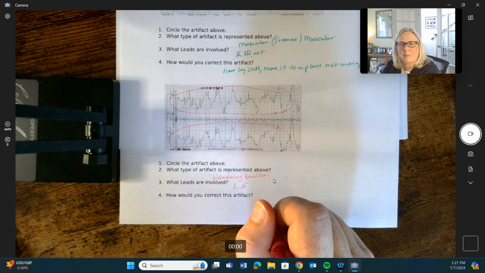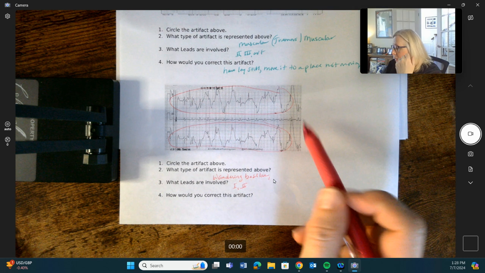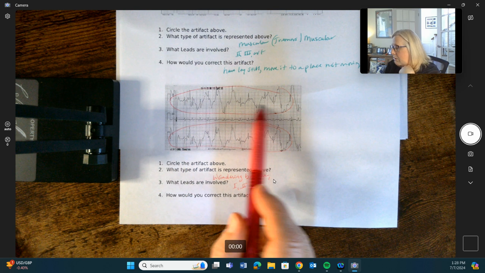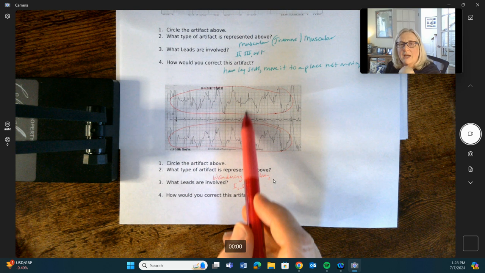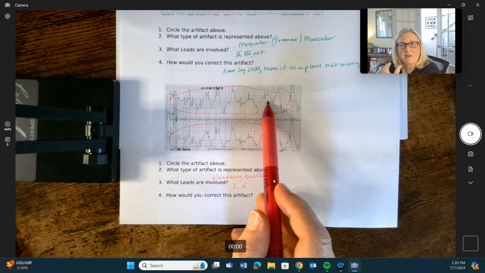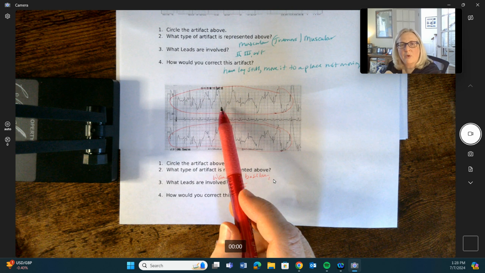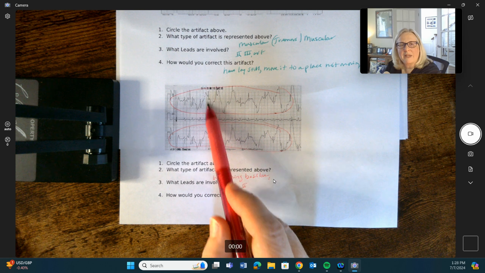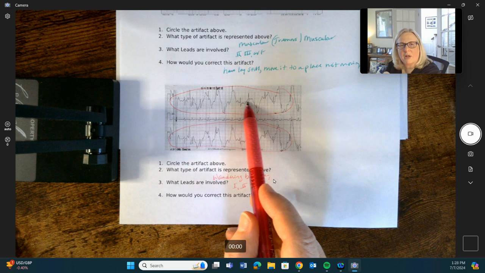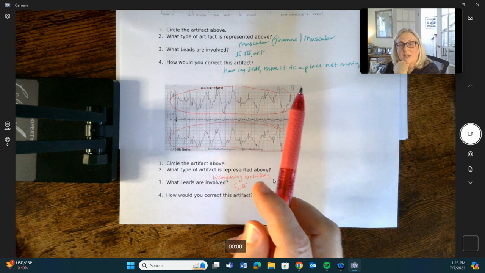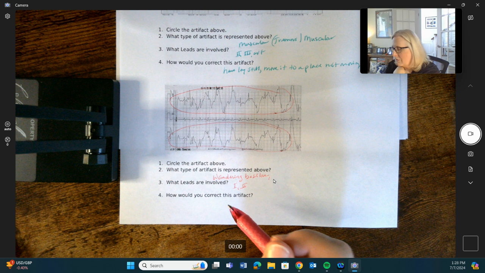It may be caused by the stickers not being adhered properly. But it's called wandering baseline because it doesn't go straight across. It's going up and down and up and down. It doesn't look exactly like the one we looked at before as far as the breath patterns go, but it's still going up and down, up and down. We don't have a straight across isoelectric line. So this is considered wandering baseline. This is a different version of one.